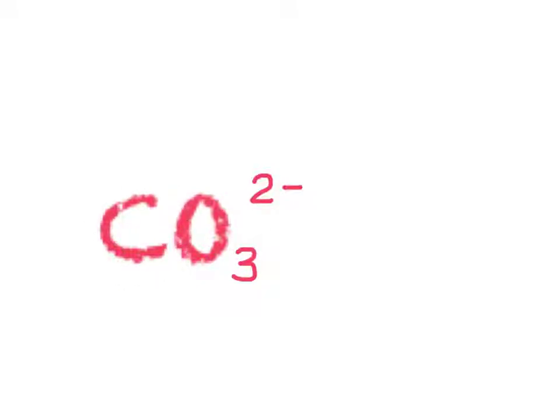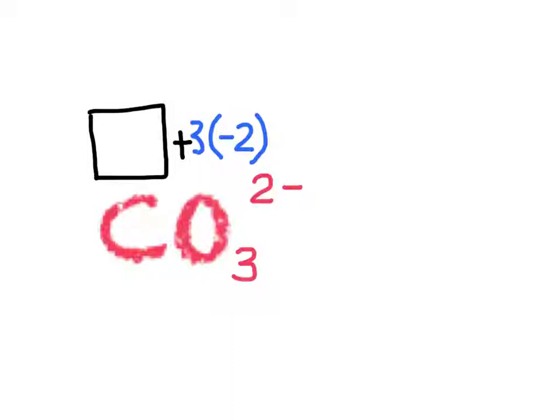So we're going to again apply exactly the same rules. Now carbon could have any number of oxidation numbers depending on what it's bonded in. So we need to take that into account when calculating this. Now oxygen has always got an oxidation number of -2, but that's going to be multiplied by 3 in this instance. We also know that because of the overall charge of -2 of the carbonate ion, the oxidation numbers of this entire ion need to add up to -2 as per our rules.